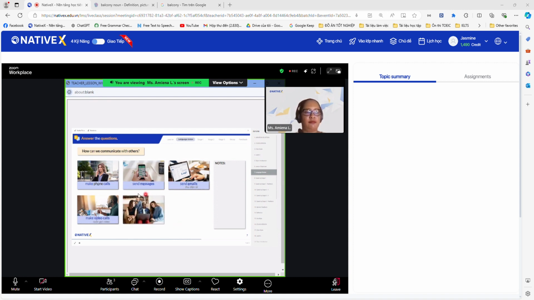And picture 5? I think they are having face-to-face conversations. Very good. You are right. They are having a face-to-face conversation. And lastly, we can write letters. Excellent. Very good.